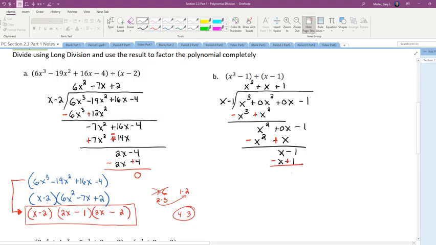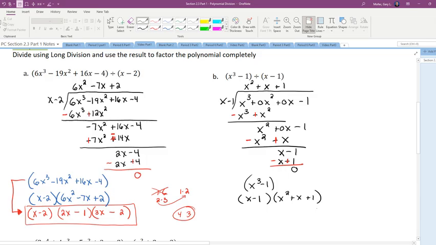And I get a remainder of 0. So what does it mean to have a remainder of 0? That means when I divided x minus 1, it went in perfectly, making it a factor. So I know that x cubed minus 1, if I want to factor that, factors into x minus 1 and whatever I got for an answer, which is x squared plus x plus 1.